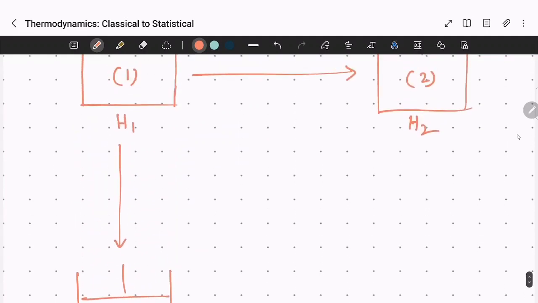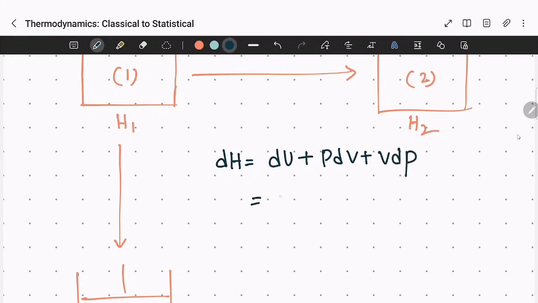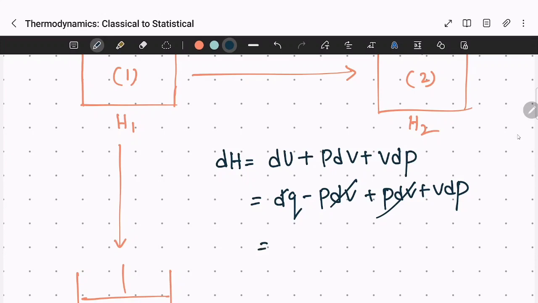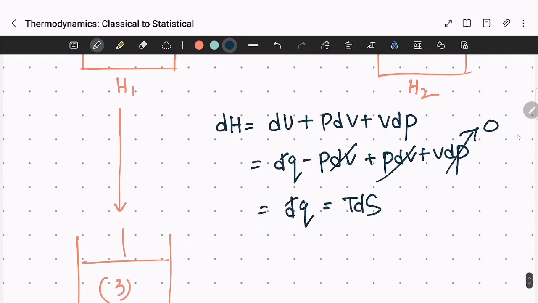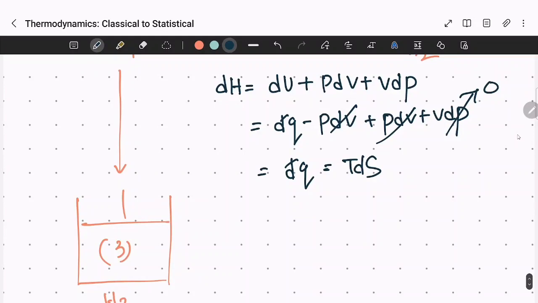What is dH? dH is equal to dU plus pdV plus Vdp. So dU is actually d-cross-q minus pdV, plus Vdp. This will cancel out, and since it is a constant pressure process, this will also be 0. So again it is d-cross-q, not TdS, so it is non-zero. Here also the same question can arise, but this is non-zero again.